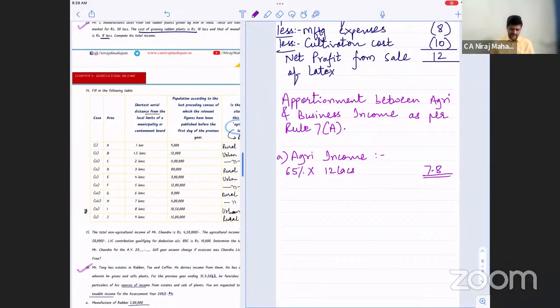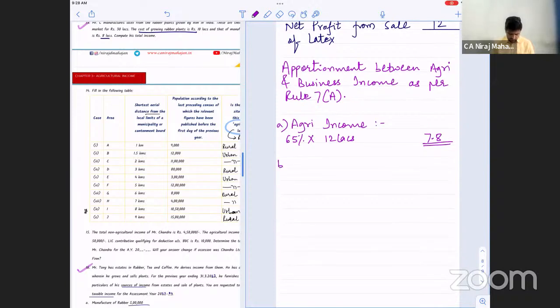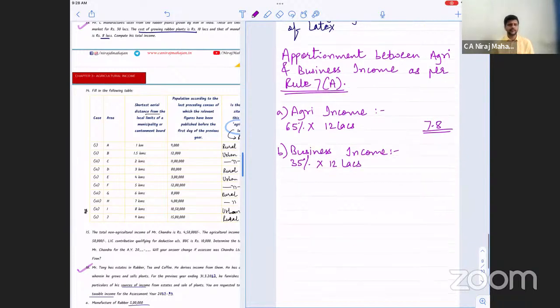Everything is in rupees and lakhs, correct, everybody? And business income is the remaining part, 35% of 12 lakhs. How much? 4.2.